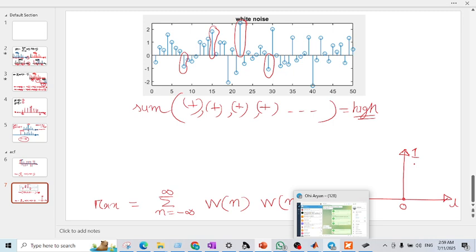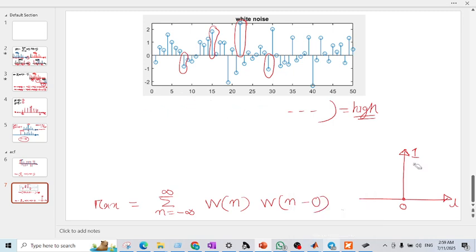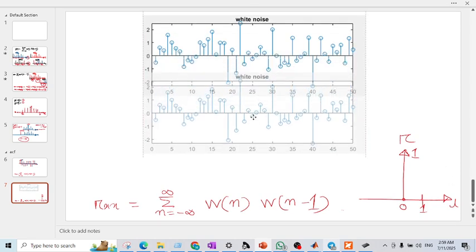Okay, now let's see when L is equal to 1. That means we are now trying to find the value at this position. When L is equal to 1, let's find the value of R. To do this, I just need to shift this picture.